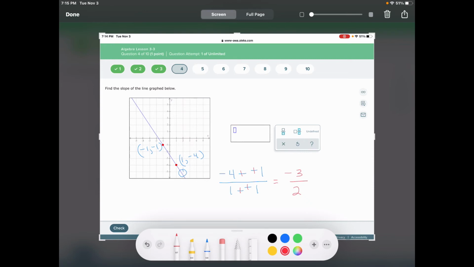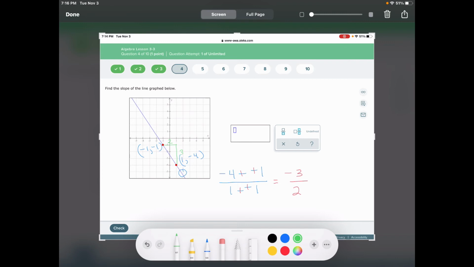Okay, so here's the other way I want to talk about doing this. If I draw a triangle, and it doesn't matter whether you draw the triangle above it or below it. Let's only go this far. Draw a triangle to those dots like that. It's a right triangle. Notice that I have gone 2 spaces this way, and this is 3 spaces, and I'm going down.